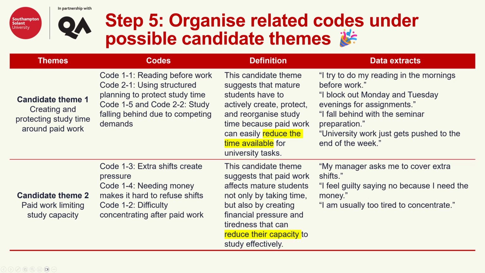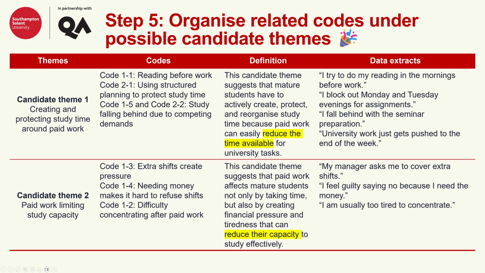Two possible candidate themes have been developed from the temporary code groups. Candidate theme 1 is creating and protecting study time around paid work. It includes reading before work, using structured planning to protect study time, and study falling behind because of competing demands. This theme brings together two sides of the same pattern.